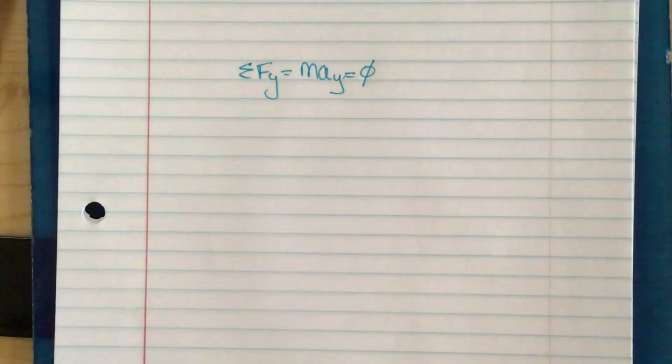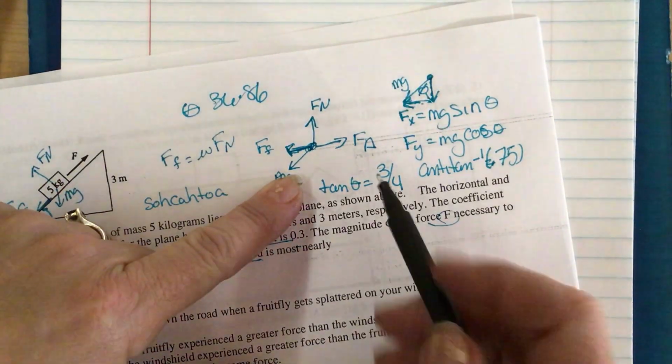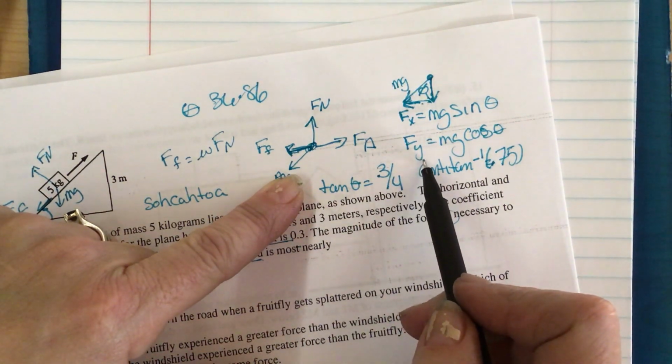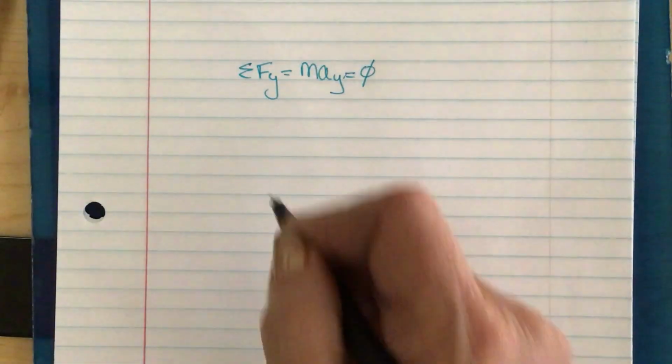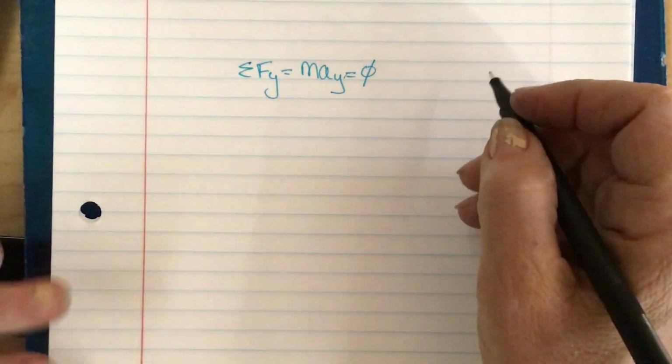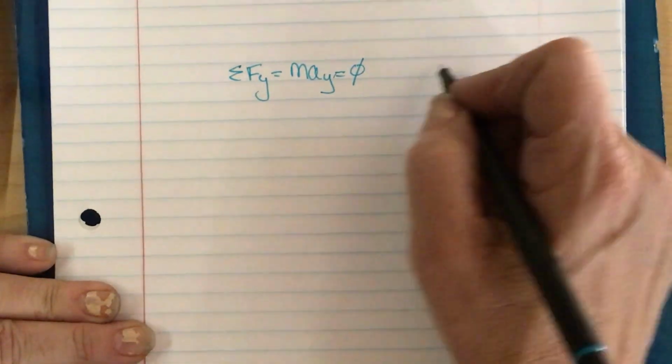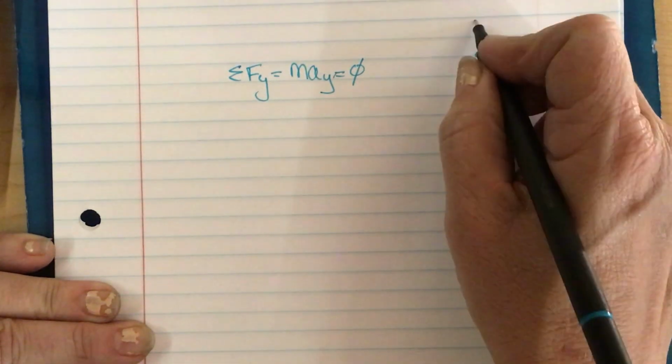And how many forces do we have in the y direction? Well, it looks like we have the normal force and the y component of gravity. The y component of the force of gravity. So if we do that, it's kind of hard to do that, but I'll redraw it over here.